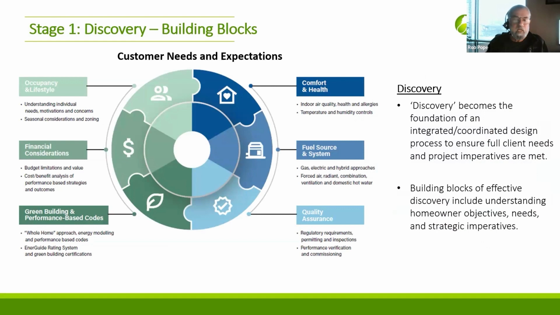So the discovery, one of the things that I think is really critical, especially where there's a homeowner involved, but if it's not a custom home for a homeowner, somebody has something at stake about how the home is built. And in a lot of cases, it's the developer. They know their market. They know who the demographic is going to be living in their home. What we want to know is all of that stuff.